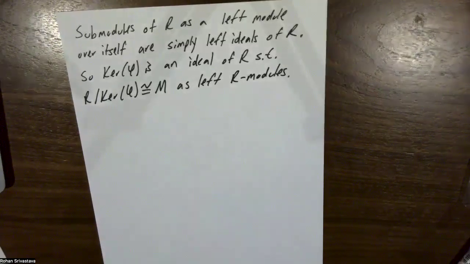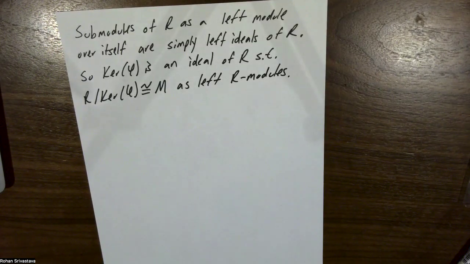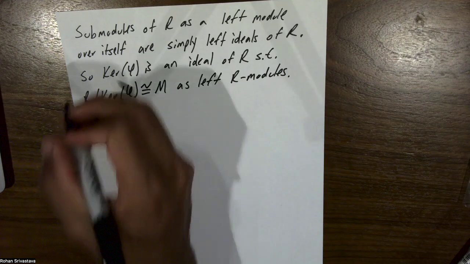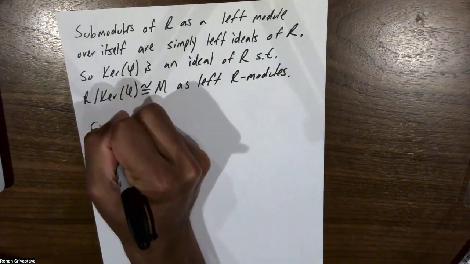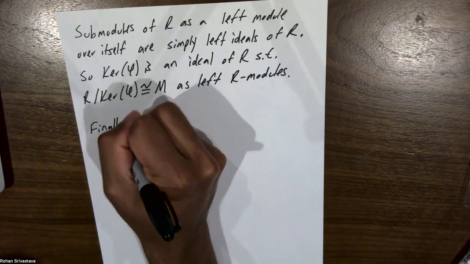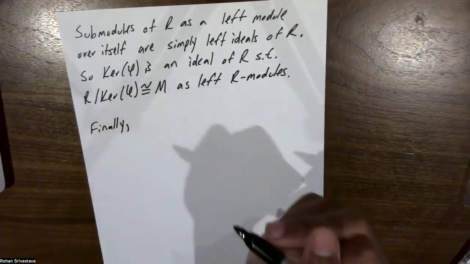Okay, so that's almost everything we needed, but we needed to show that there exists a maximal ideal. So the key there is that M is simple. Indeed, the kernel of phi is going to be not just an ideal, but a maximal ideal.